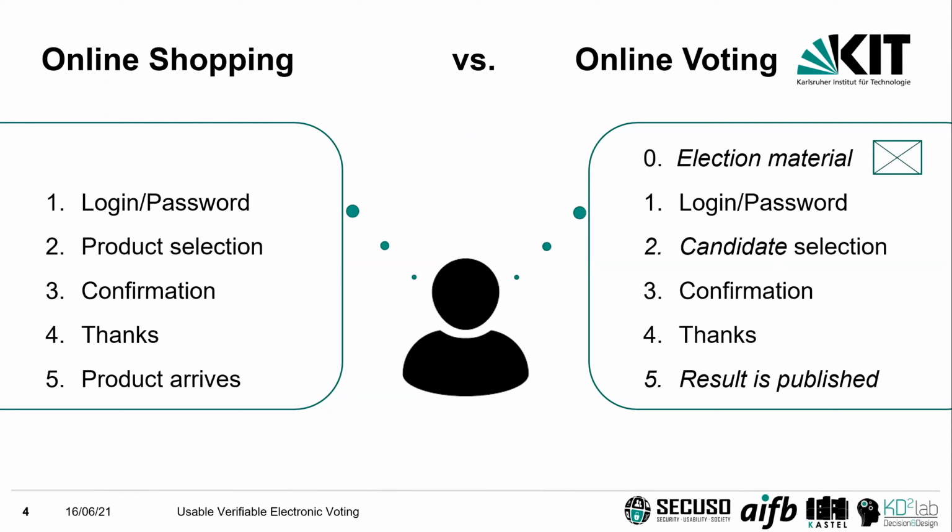You select your candidate, you confirm your selection, and then the web page says thank you. After some time, when the voting period is over, the result is published. It's very likely that this is the first thing that voters would expect if you talk with them about online voting.